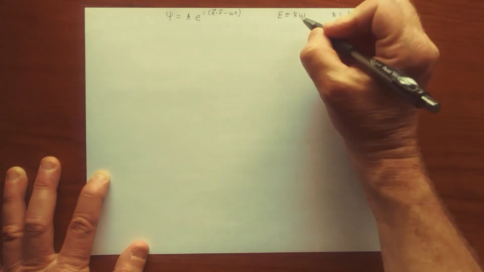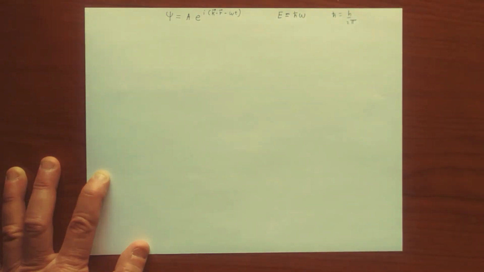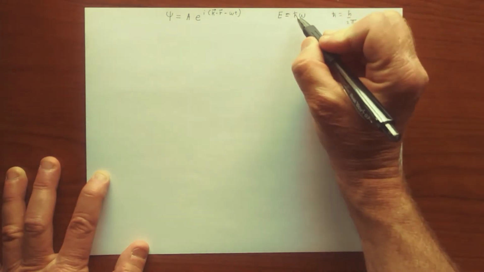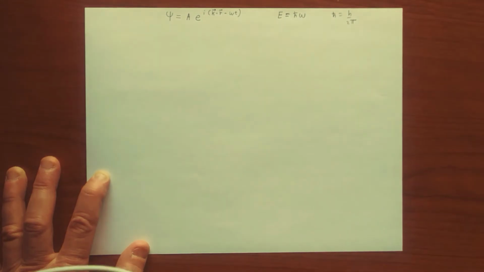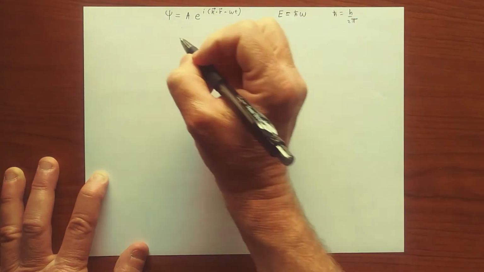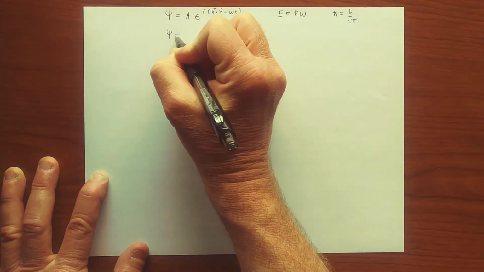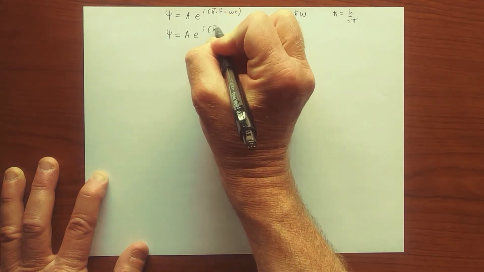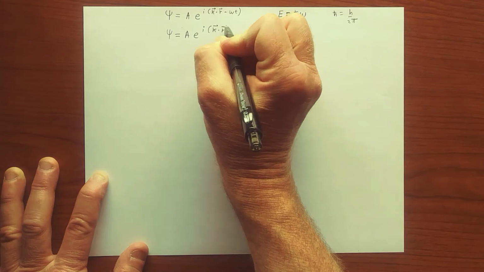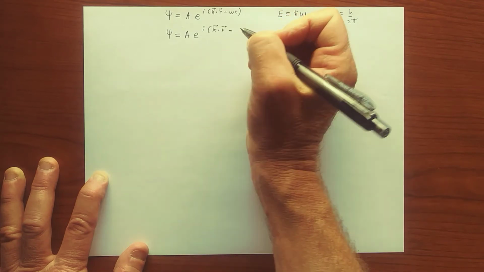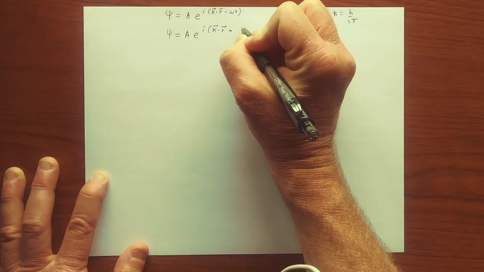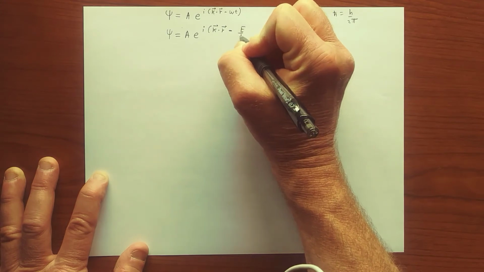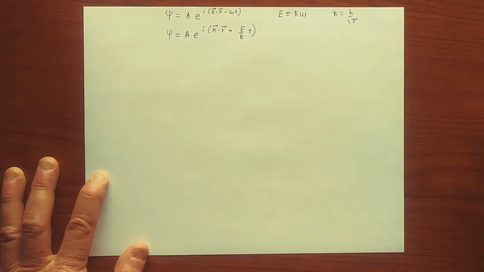That can happen, but the correct relationship is that E is equal to h bar times omega, and so we can replace this quantity as follows: minus E over h bar times t in that equation.